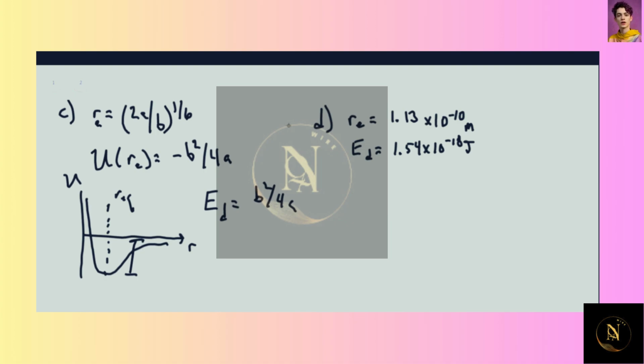So we know an expression for R_E and an expression for E_D. So we can just go ahead and solve those for A and B. R_E is 2A over B to the 1/6. Dissociation energy is B squared over 4A.